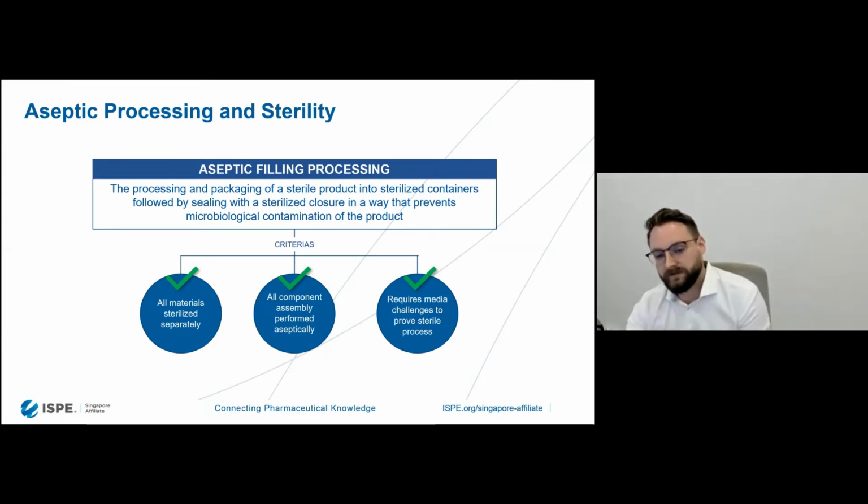So everything is sterilized separately, and they all come together at what will be called the critical zone. So the liquid, the media, the containers, the equipment, the sealing components, they all come together during the filling process, and that is what will be the critical zone. And they're all sterilized separately, and then assembled in a sterile fashion as well.